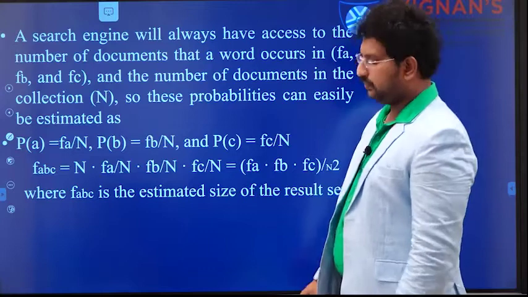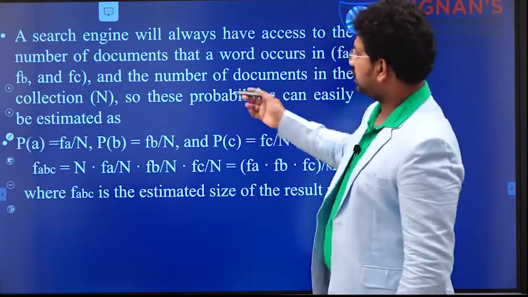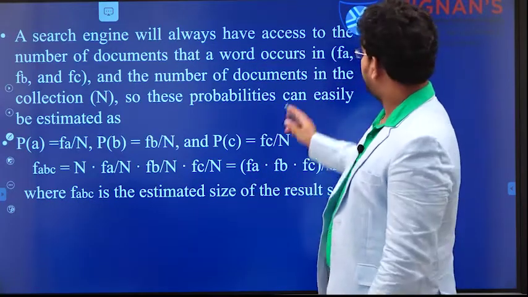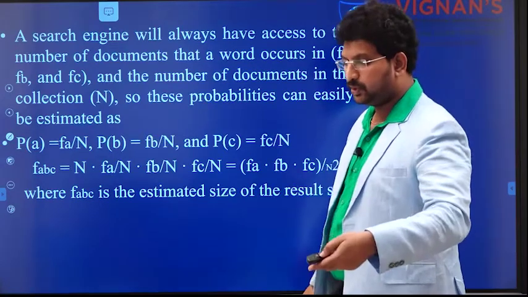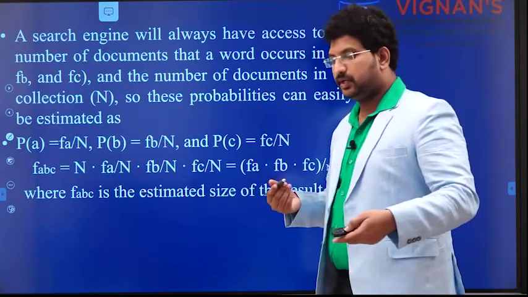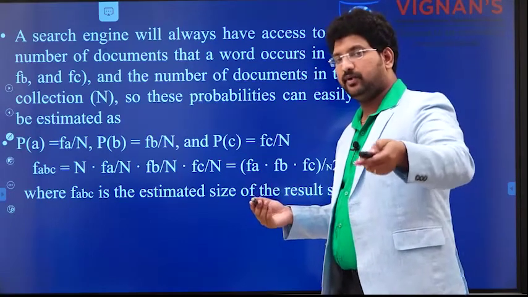When you go into a little more detail, a search engine will always have access to the number of documents that a word occurs in. As part of this searching process, we know how many documents in the collection contain a particular word.